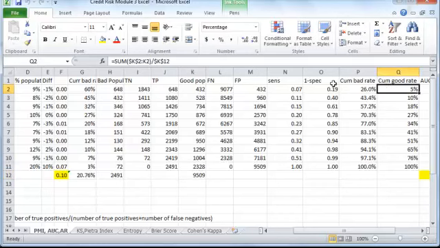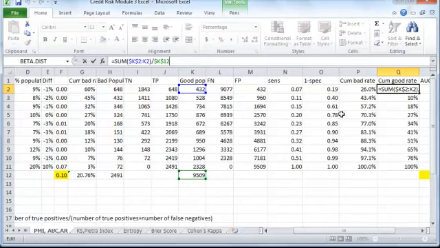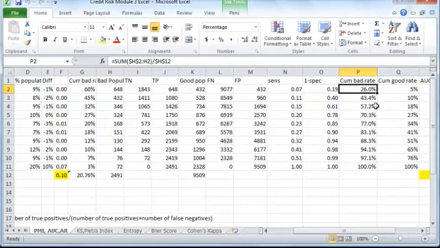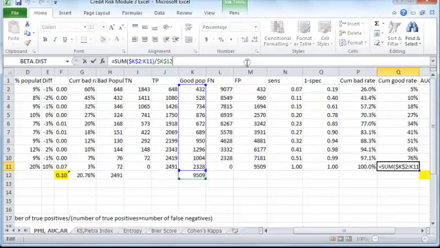I will calculate the good rate as this number of customers divided by 9509, in the same way as I calculated the bad rate, and I will have the total capture here as total good population by 9509.